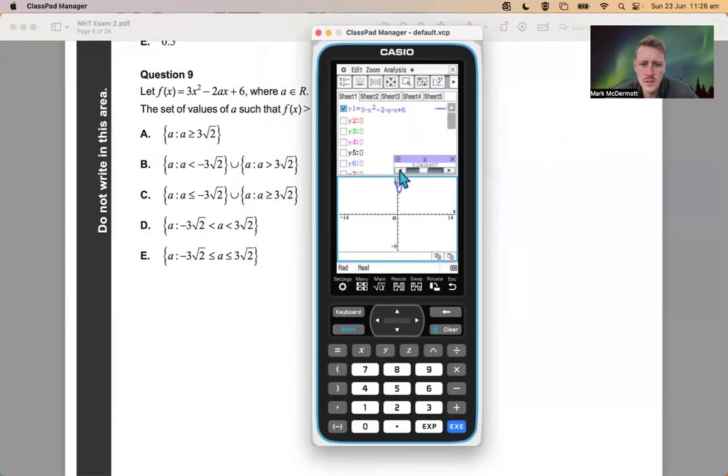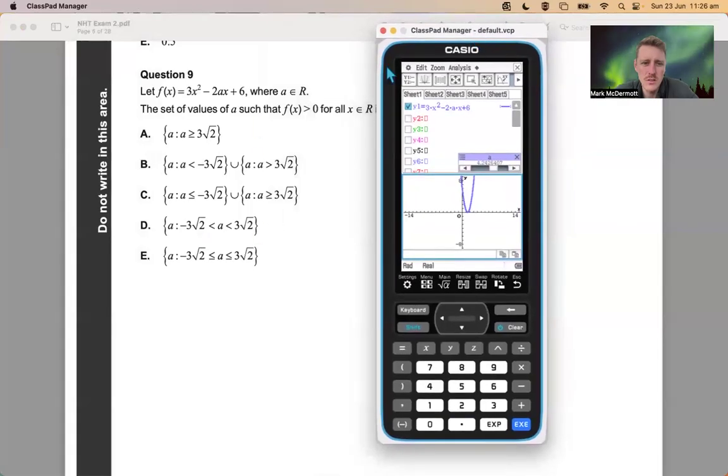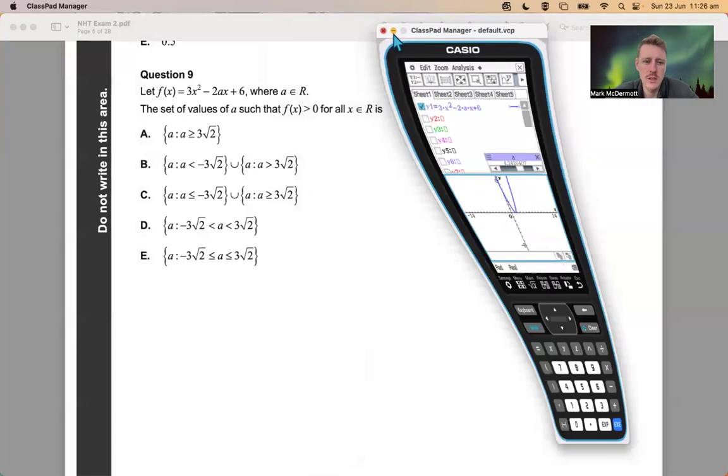You can see that it moves in this shape, and when it would touch once there, it'd be when it's negative 3 root 2. So between negative 3 root 2 and positive 3 root 2, non-inclusive because it needs to be strictly greater than 0, you have that whole function being greater than 0. So I reckon the answer is D.